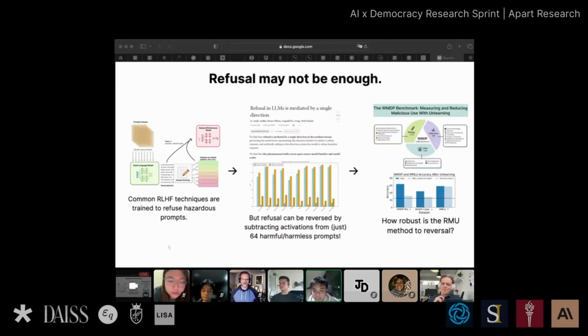Now, a paper titled WMDP, Measuring and Reducing Malicious Use with Unlearning, explored a method called representation misdirection for unlearning, or RMU for short, for fine-tuning models. Unlike RLHF, RMU encourages models to retain crucial information while selectively forgetting hazardous details.